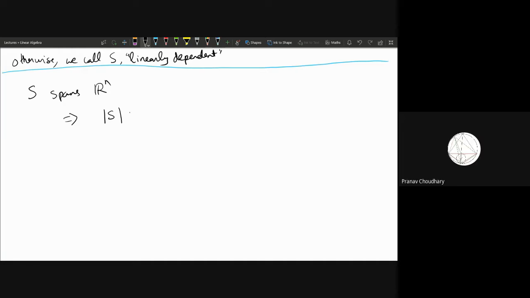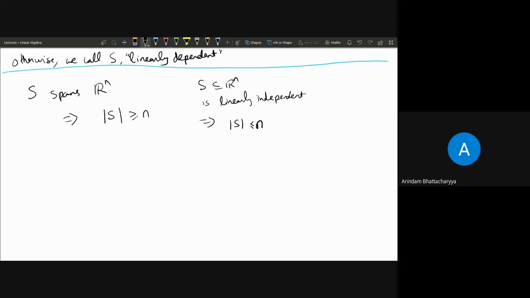Greater than or equal to n? Yeah. And if S belonging to R power n is linearly independent, that implies what? That implies this is less than or equal to n, right?